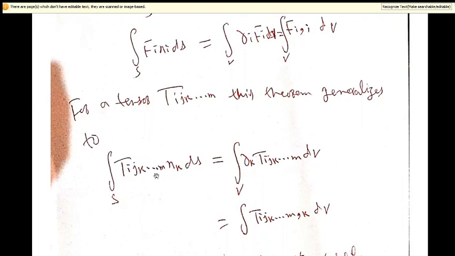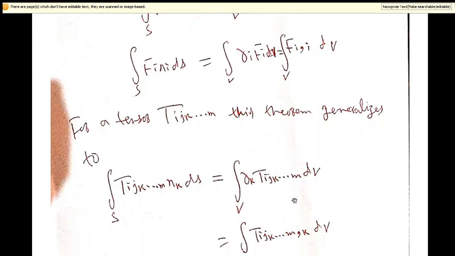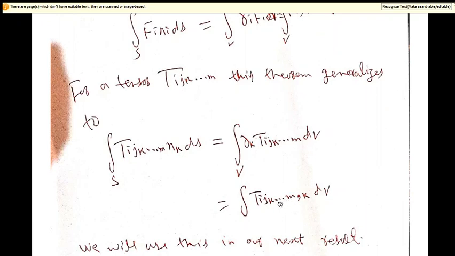Tijk up to m nk dS will be equal to the volume integral of the partial derivative with respect to the dummy index, here k, so partial k of Tijk up to m. Further it can be written as Tijk m comma k, the partial derivative of Tijk m.